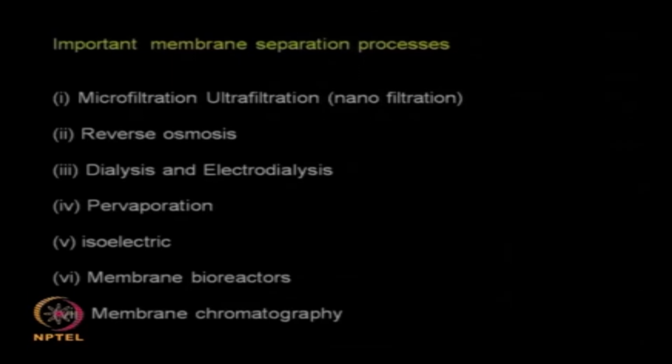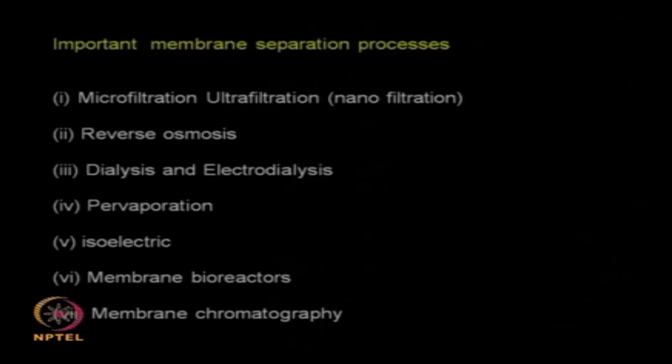So we looked at a large number of membrane separation processes over the past few classes. Some of them have pores, fine pores, some of them do not have pores. So the process is like a diffusion. The processes which are based on pores is like a filtration.